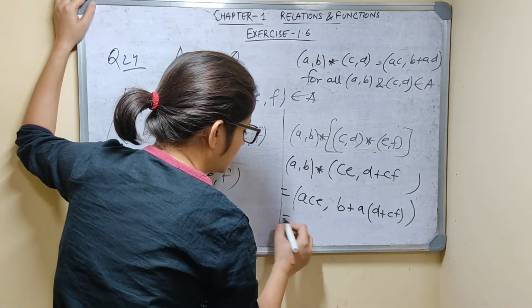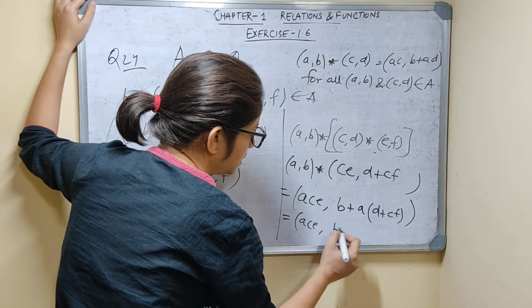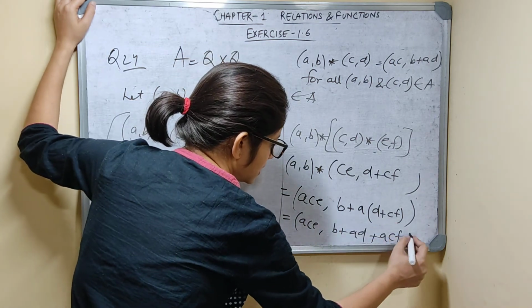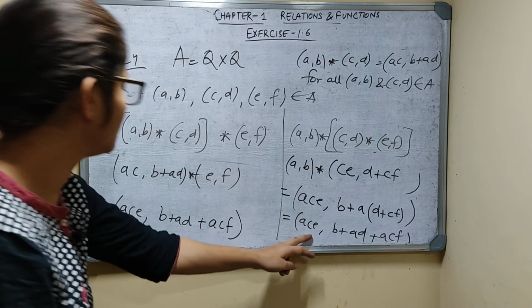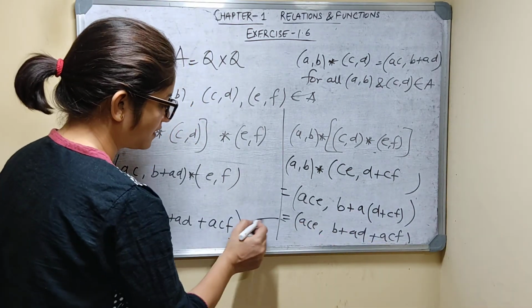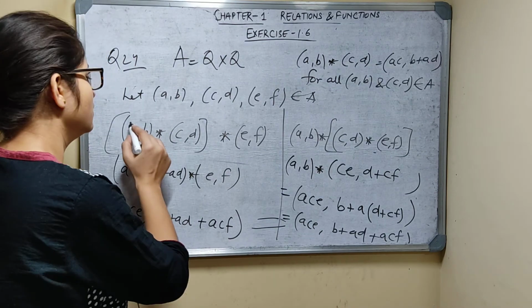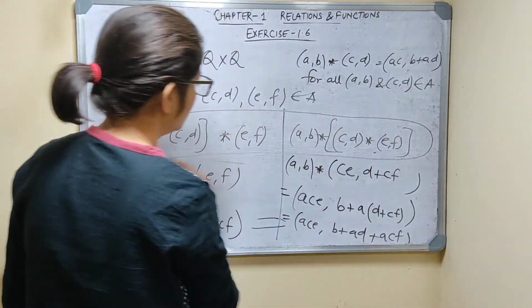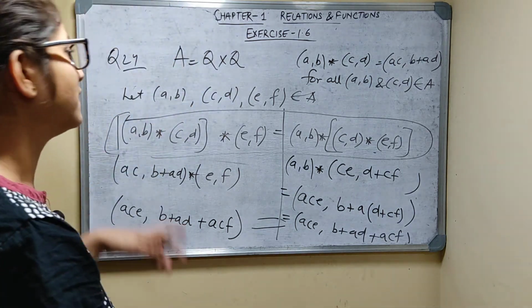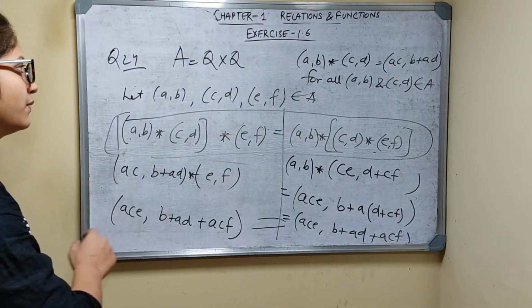So you get ace, b plus ad plus acf. So here it is ace, and b plus ad plus acf, and here also b plus ad plus acf. So I can say both are equal. So this is associative, but this is not commutative. Thank you.